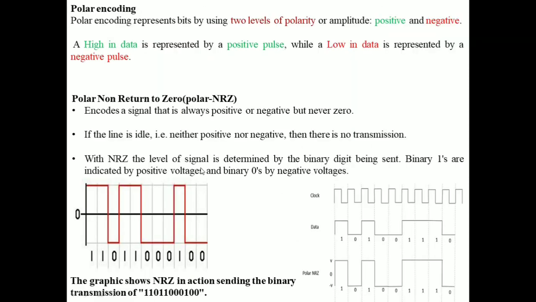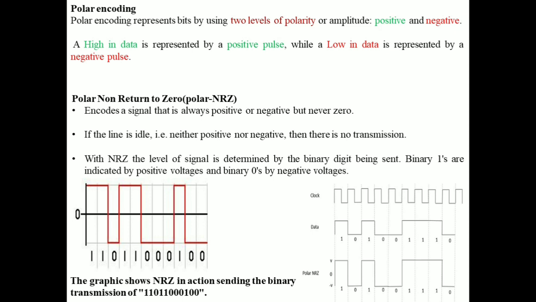And the next one is the polar encoding mechanism, the second type of encoding mechanism. The polar encoding represents the bits by using two levels of polarity or amplitude, that is positive level and negative level. So high in the data is represented by the positive pulse, while low in the data is represented by the negative pulse.